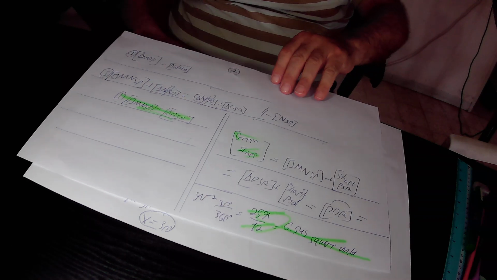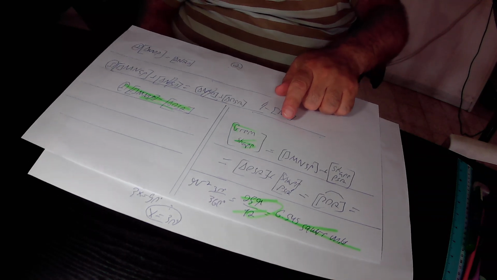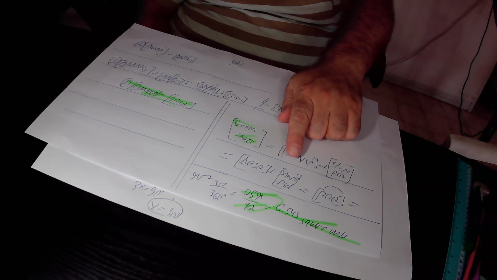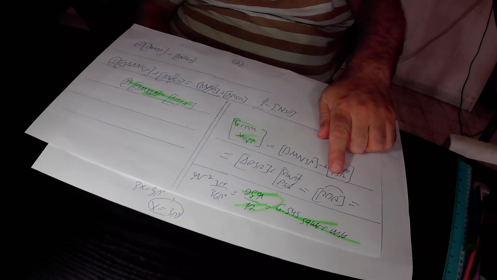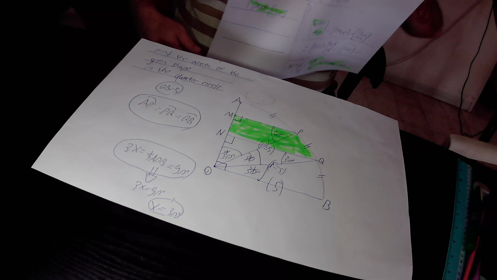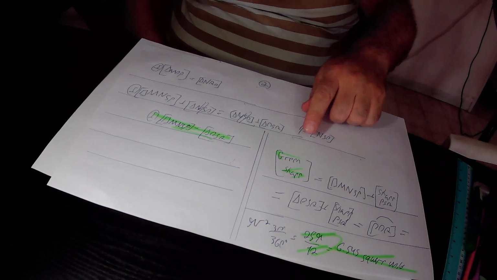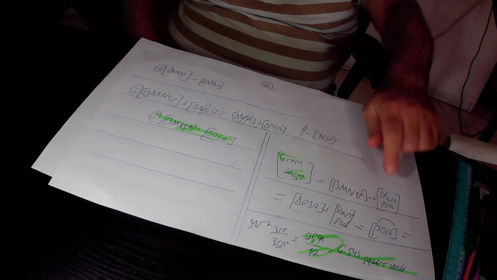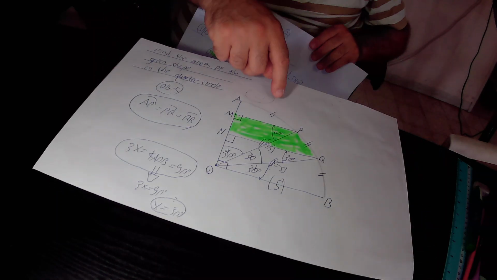So in total we found that the area of the green shape equals the area of sector POQ. But what is the area of this sector POQ?